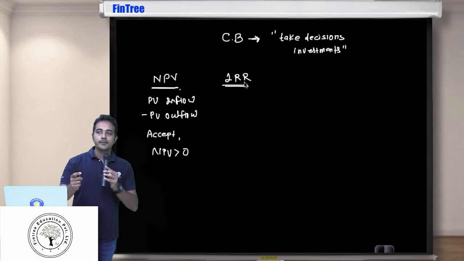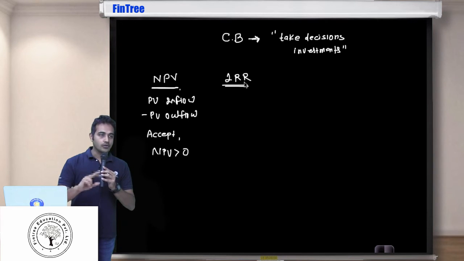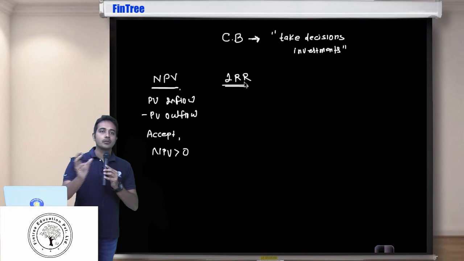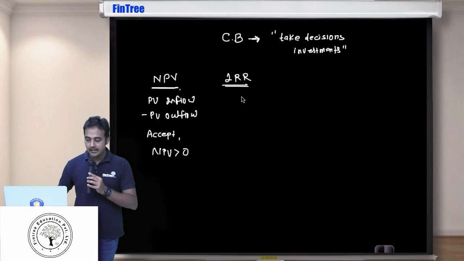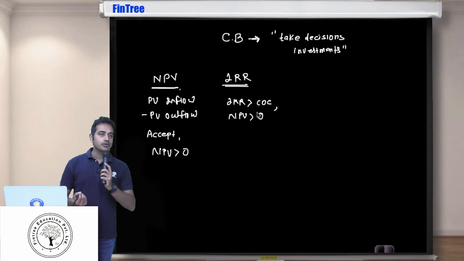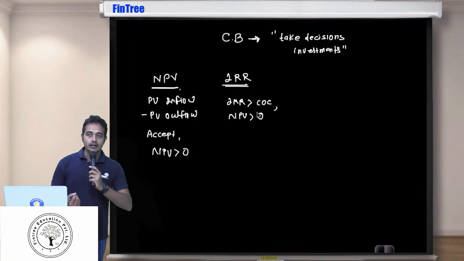Yes, it is the return that we earn on a project, not considering financing cost. Then we compare IRR with cost of capital, and you would want IRR to be higher. When IRR is greater than cost of capital, automatically NPV is going to be positive. That's how we take decisions based on IRR.